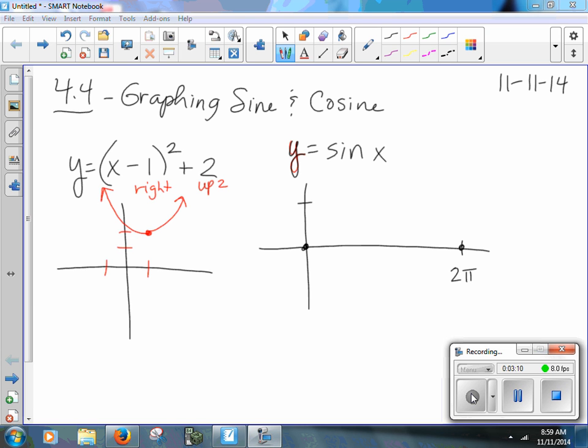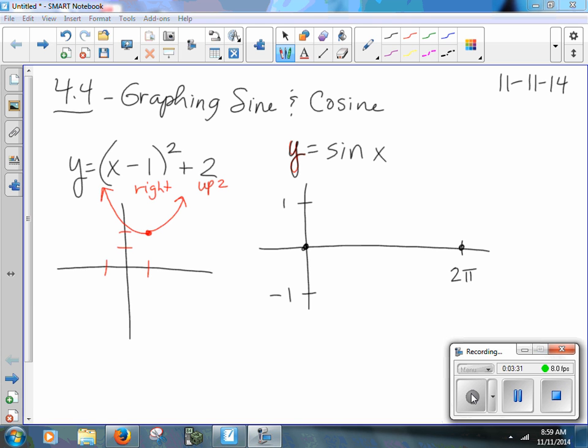There are key points that we have to observe. For the sine function, it will go no higher than 1, and this is specific to the parent function, okay? We can do things to the function to make it taller, but for the parent function, it will go no higher than 1, it will go no lower than -1.